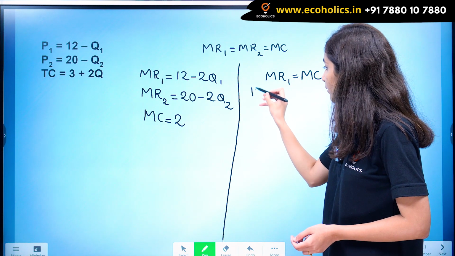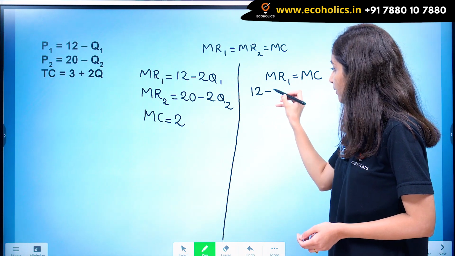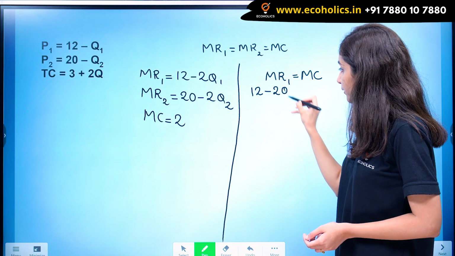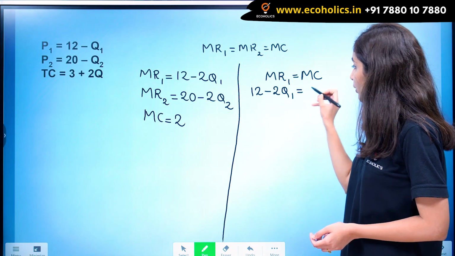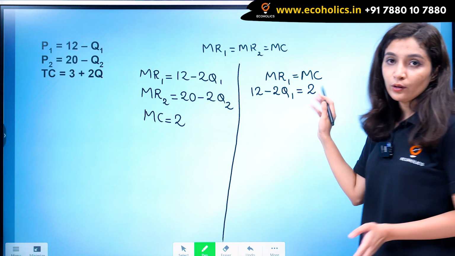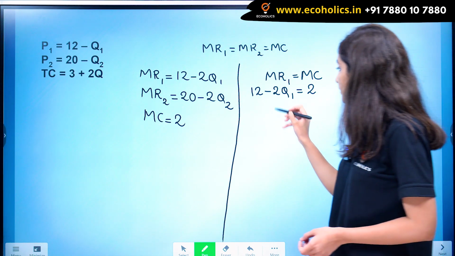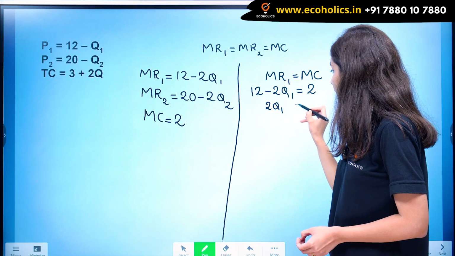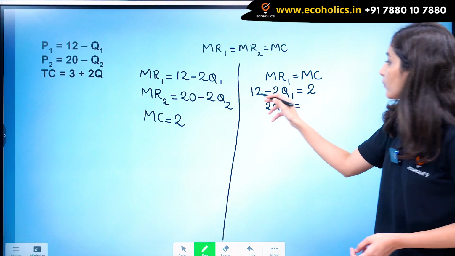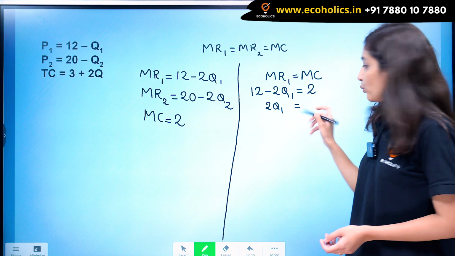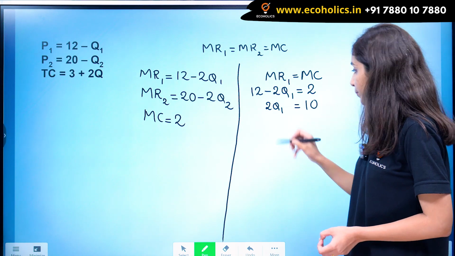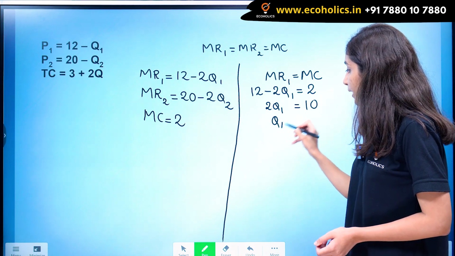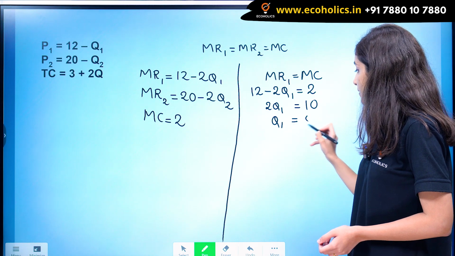So we have 12 minus 2Q1 is equal to, our MC was equal to 2. So what do we get is, we get 2Q1 as 12 minus 2, that is 10. So therefore we get Q1 as 5.